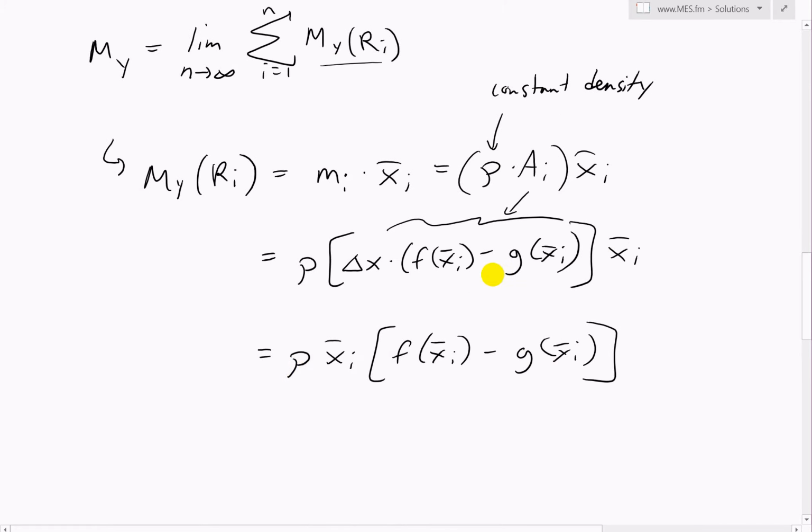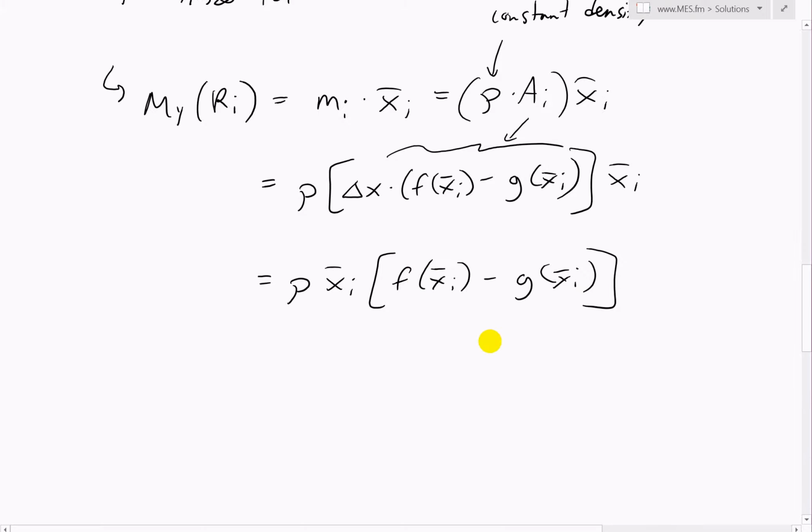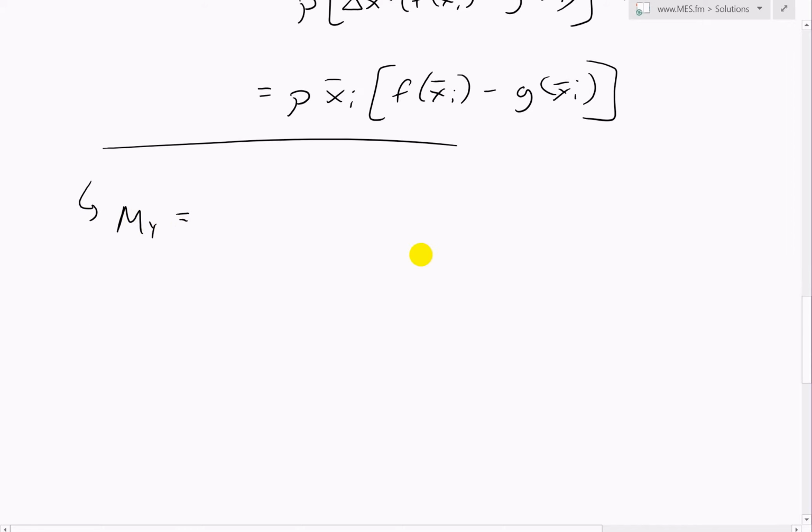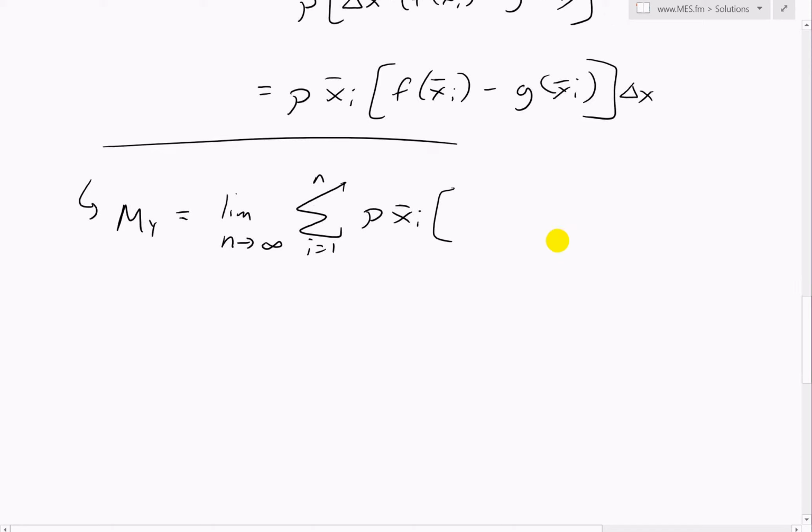And now what we do is just plug this into this limit, so we get an integral. So what we end up getting is the total moment is going to be the limit as n approaches infinity of the summation i equals 1 up to n of rho x_i, in front of delta x right there, so the delta x goes there, f of x_i minus g of x_i delta x.